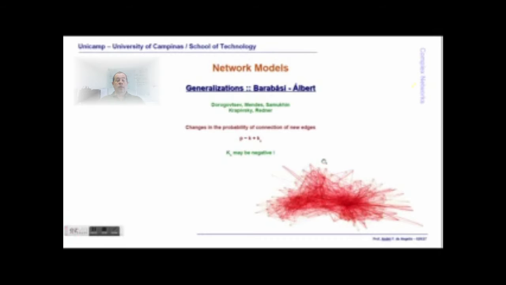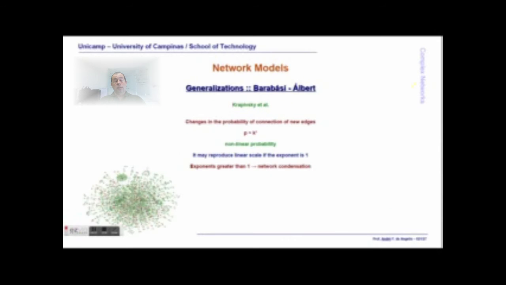For instance, when we change the probability of connection of new vertices, including a negative k0. Okay, this is a different recipe, similar to the original but a different one. We will finish with different networks.